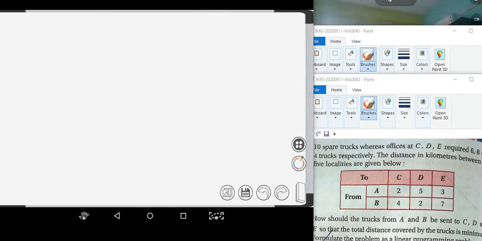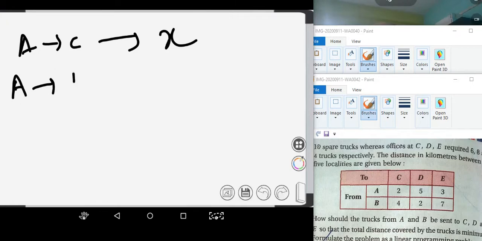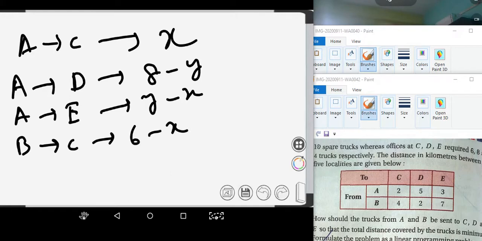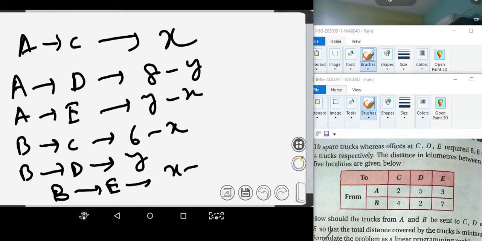So what we have is from A to C, the number of units is X. From A to D is 8 minus Y. From A to E is Y minus X. From B to C is 6 minus X. From B to D is Y, and B to E is X minus Y plus 4.